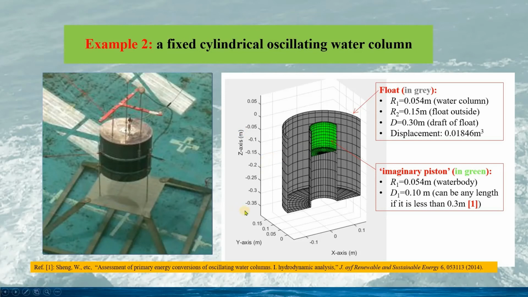Generally, if the piston is short, its corresponding added mass in this case would be large, so that the overall mass for the piston would be constant. The details can be found in this reference.